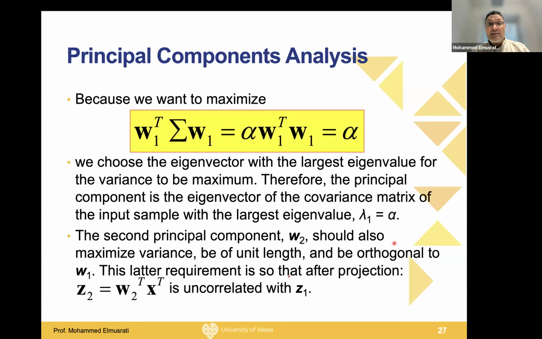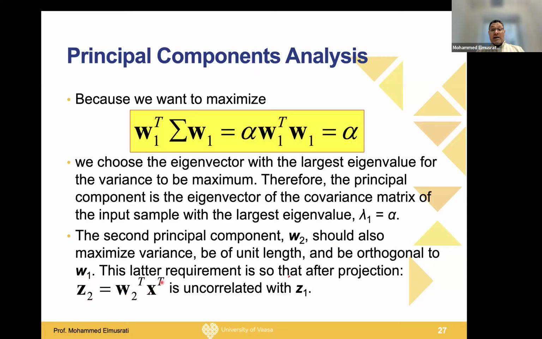Okay, now we found the first component. But as I said, the first component might not be enough. You have 50 features. So now let us find the second component. What is the second component? We will do it the same way. We define Z2 equal to W2 transpose times X transpose.